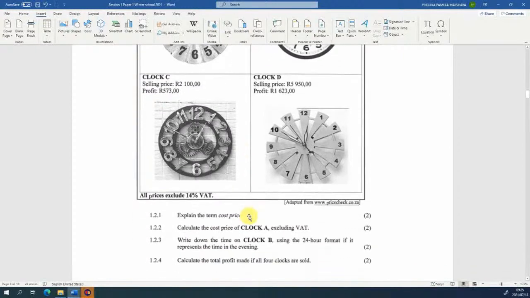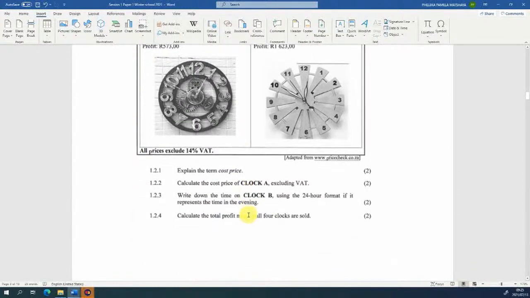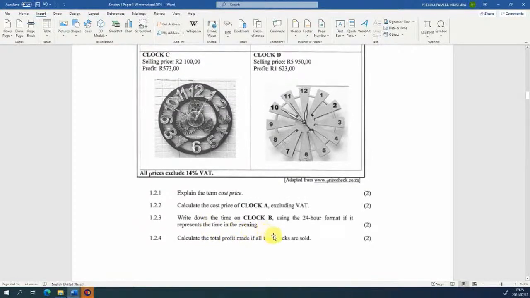Now the last question on this topic, 1.2.4: calculate the total profit made if all 4 clocks are sold. The other questions are quite simplistic, so I'm giving you 4 minutes to answer.